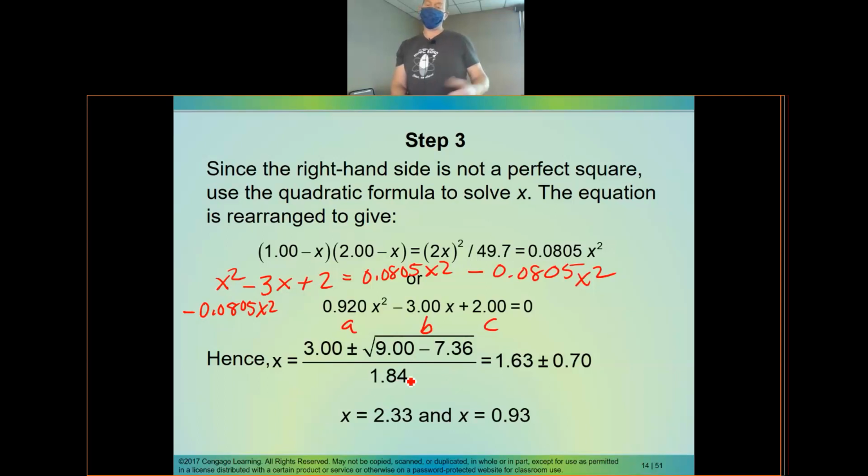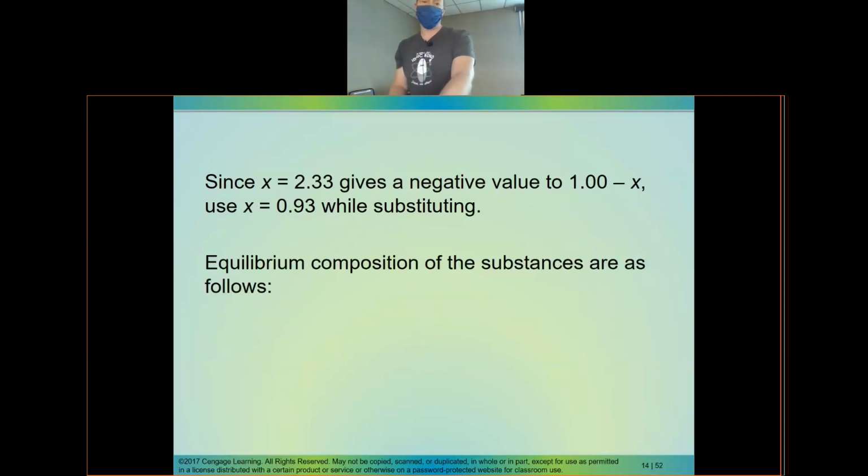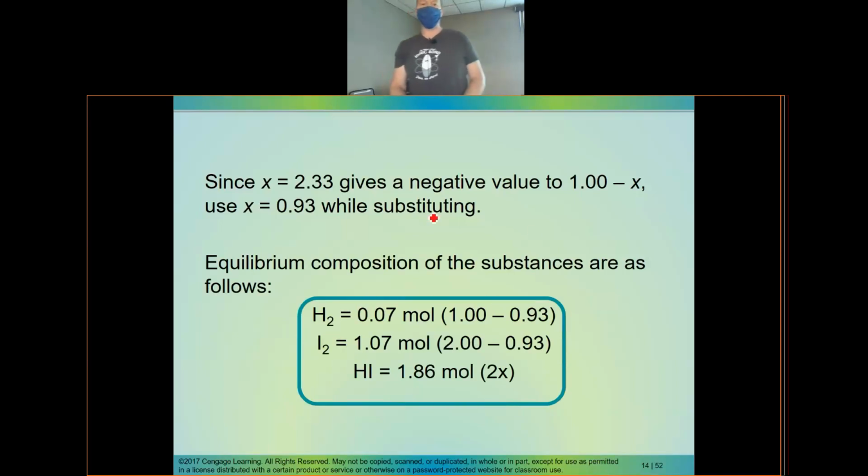A lot of times, one of the answers is negative and one is positive, and you know right away that you can't have a negative concentration. Here there's more to it. You're always going to have one valid answer and one invalid answer. So when we had our 2.33, remember we had 1 minus x and we had 2 minus x.